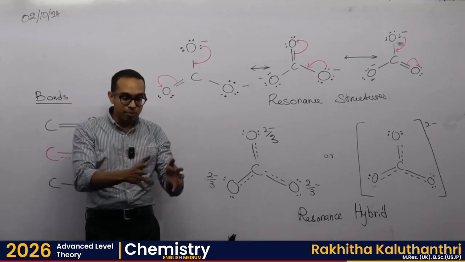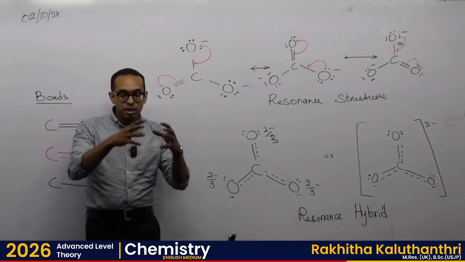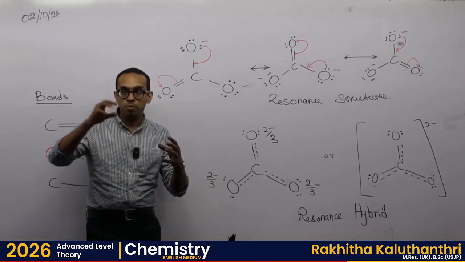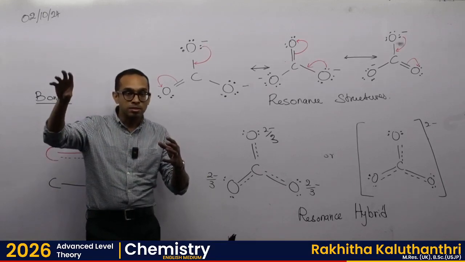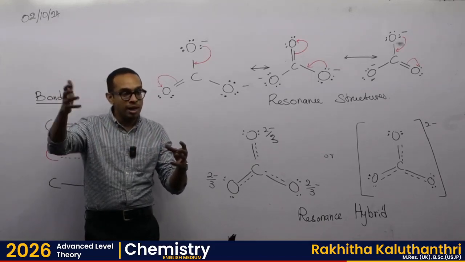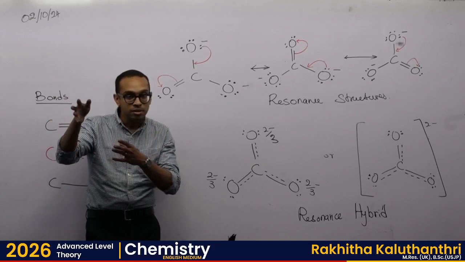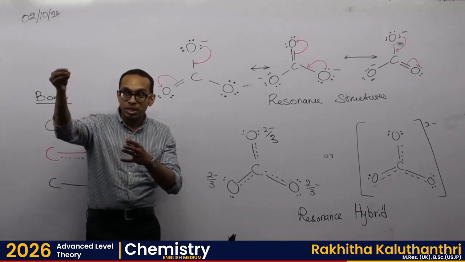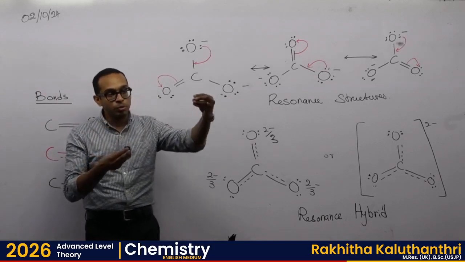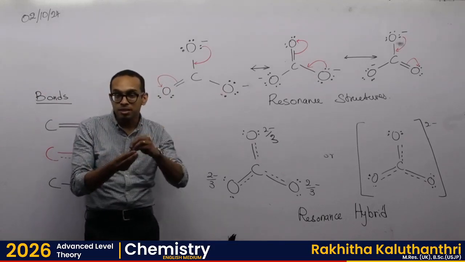So the resonance hybrid that you have drawn is mostly going to be taking contribution from the most stable structure. So therefore it's going to resemble more the most stable structure. Is that clear? So the contribution coming from the most stable structure is much greater than the contribution coming from the less stable structures.